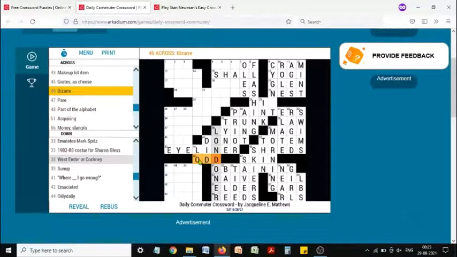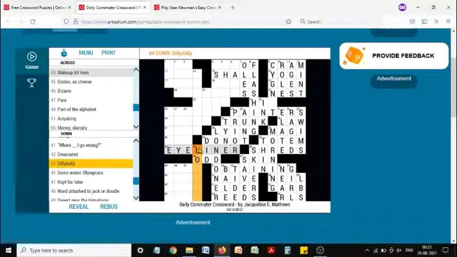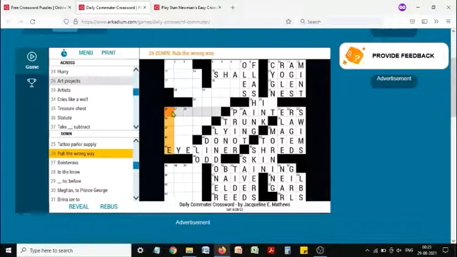Bizarre is odd. Dilly dally. Loafs. Loafing. No. Let's see here. Rub the wrong way. Boisterous is noisy.